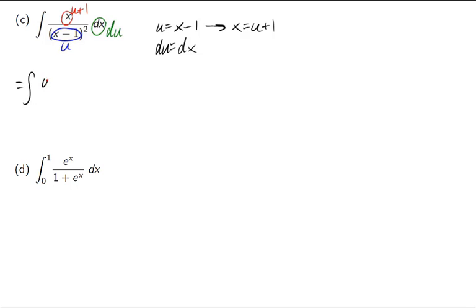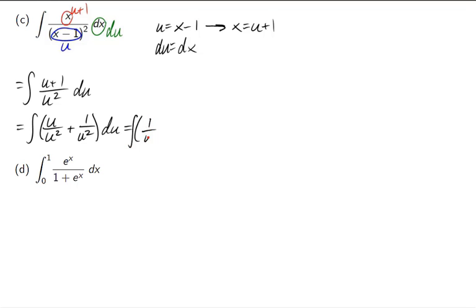We get the integral of u plus 1 over u squared du. We need to split this up as we've done in the past. U over u squared plus 1 over u squared du. That's the integral of 1 over u plus u to the negative 2.